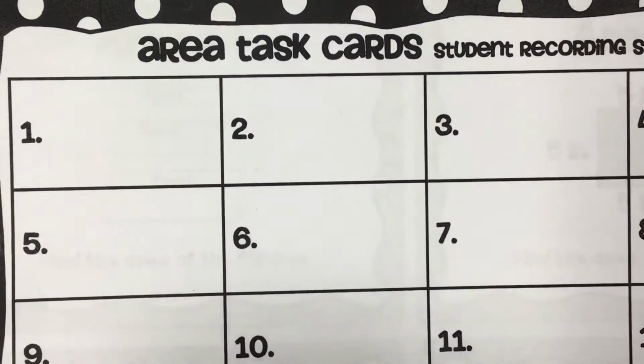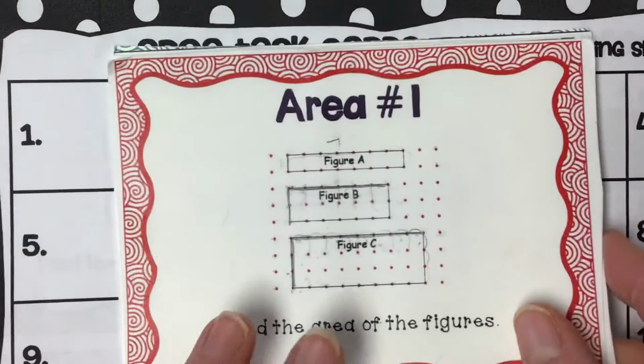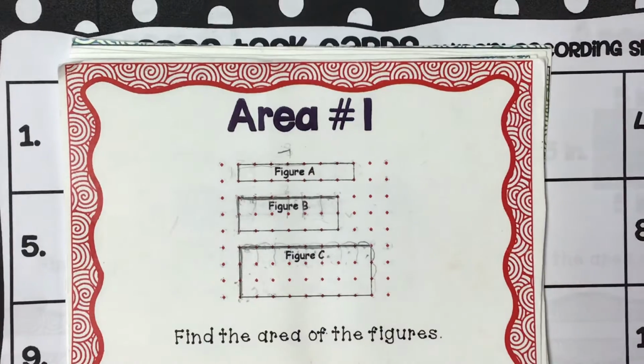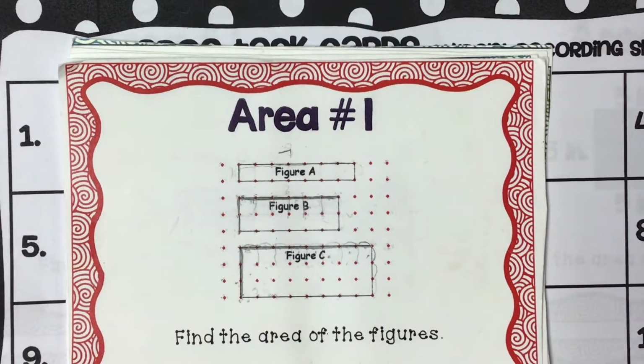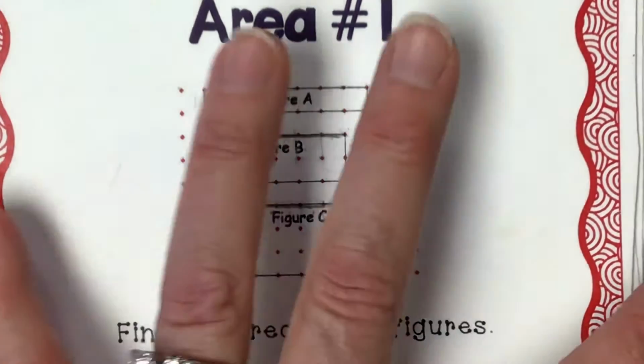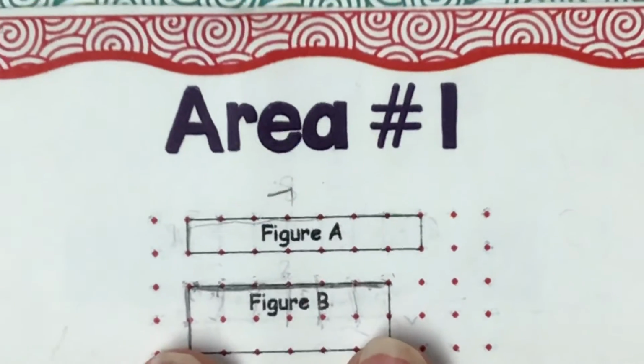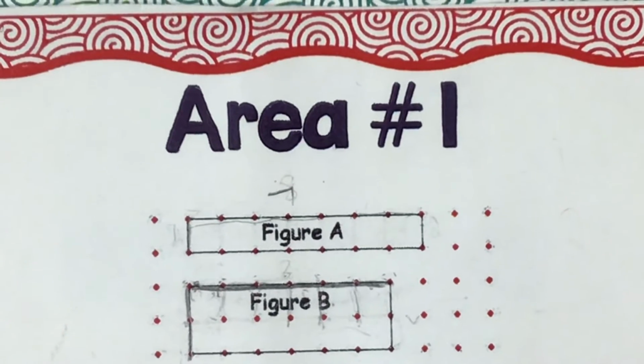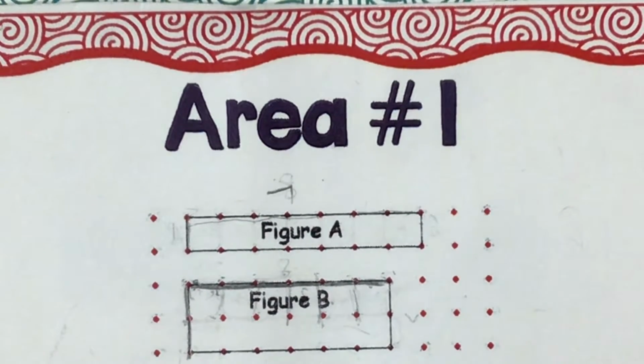Okay, we're going to complete some of the area task cards together so that we have an example of each type of card. The first type of card is asking us to find the area of all of these figures, and they're on a dotted grid. I think these are called a geoboard.